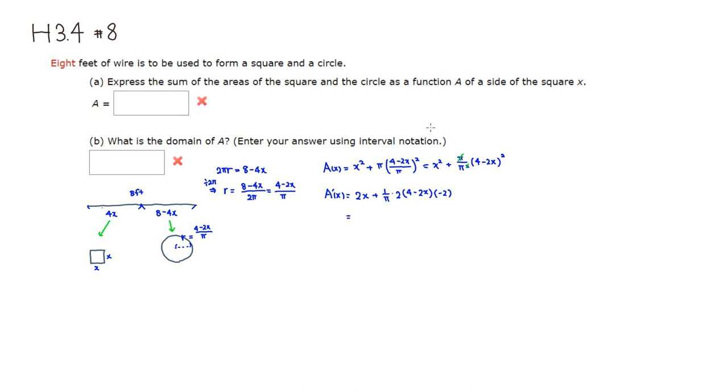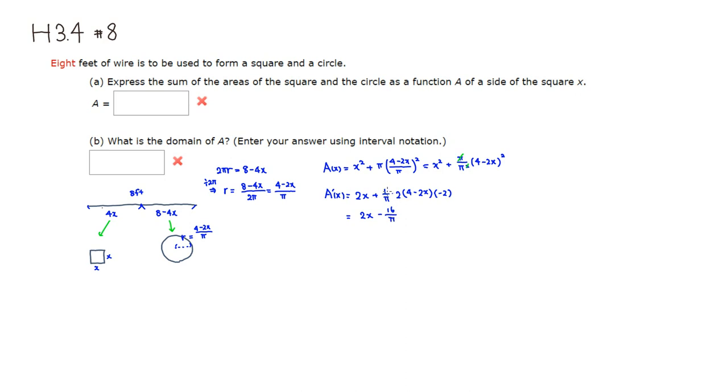Then we can simplify this a little bit, so I'm going to multiply out. You have the 2x there. You're going to have negative 4 over pi times 4, so negative 16 over pi, right?